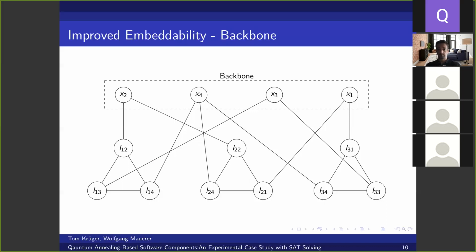By introducing a backbone with variable nodes, we can connect each literal only to its corresponding variable node, and this leads to the literals being connected to only 3 other nodes, which leads overall to a much less connected QUBO graph.